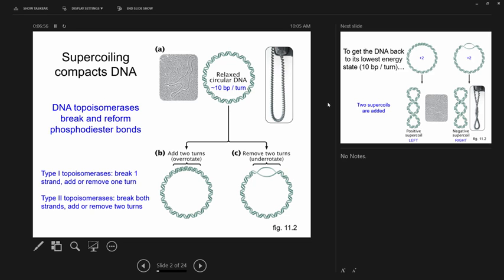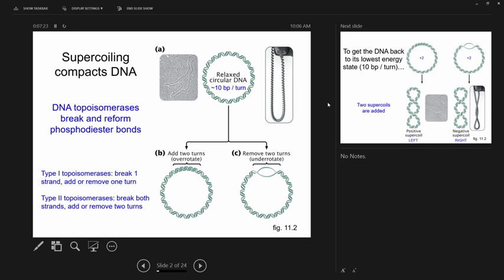In either case, breaking and reforming the phosphodiester bonds and adding or removing turns will lead to, if you add turns, like if you turn it to the right, DNA is a right-handed helix, but now you've added two extra turns if it's a type 2 topoisomerase. And this little part of the DNA here is wound too tightly, so to speak.